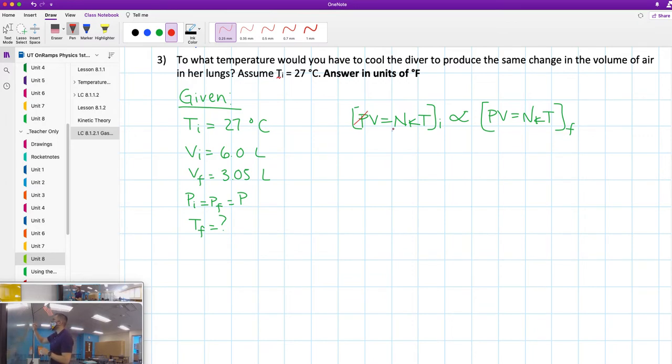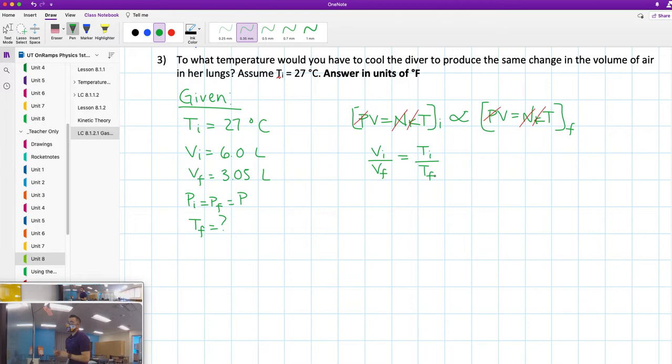Number of molecules is the same for both. And Boltzmann's constant, well, is a constant. Based on this, we can come up with the ratio, which will say initial volume divided by final volume should be equal to initial temperature divided by final temperature.